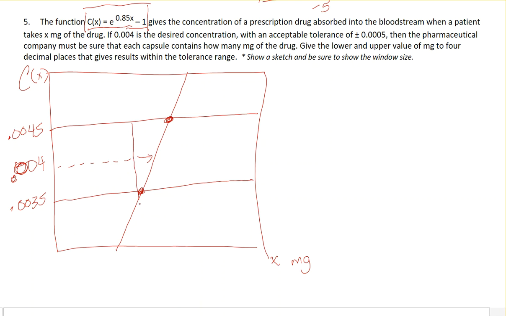As long as I can get my patient to be somewhere within this region, they would have enough medication in their bloodstream to cure them, but not too much. You can imagine if you gave too much medication, it might be toxic or harmful. So I can't hit my target exactly. I would settle for getting between A and B because that would keep me within our tolerance level.